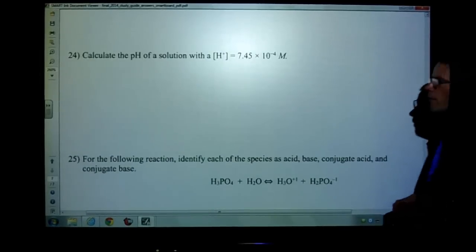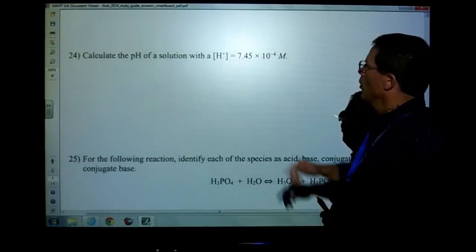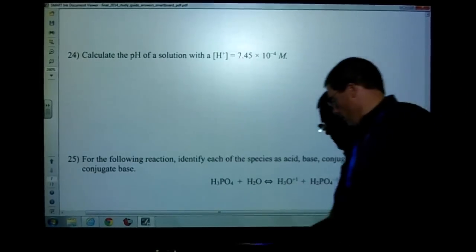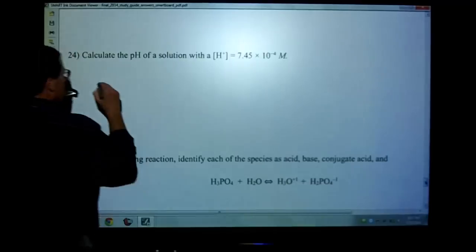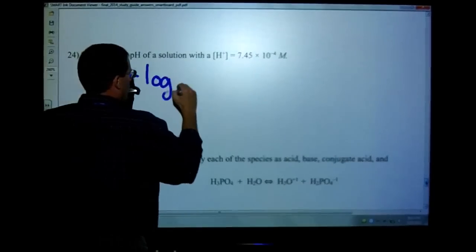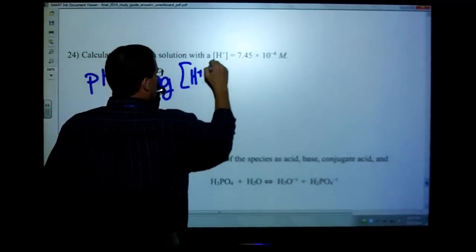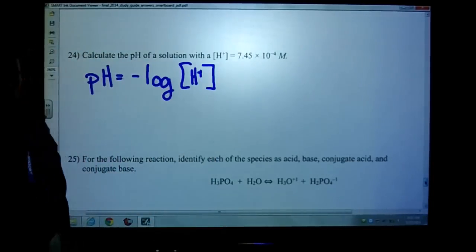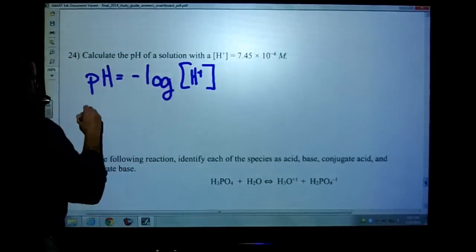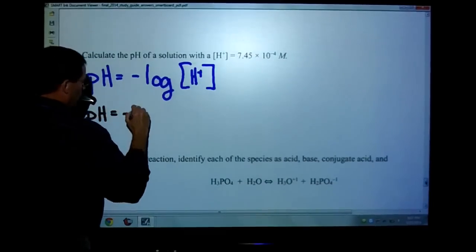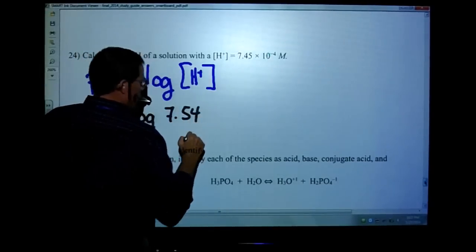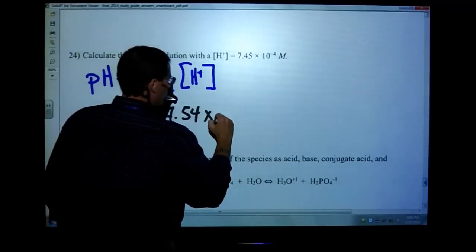Number 24. Calculate the pH of a solution with a hydrogen concentration of 7.45 times 10 to the negative 4. Remember that you will have this equation. The pH is equal to the negative log of your hydrogen concentration. So what's really nice about that is plug and chug. So we have our hydrogen concentration, so the pH is equal to negative log of 7.54 times 10 to the negative 4.